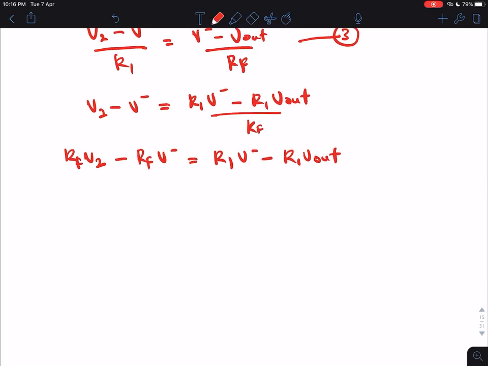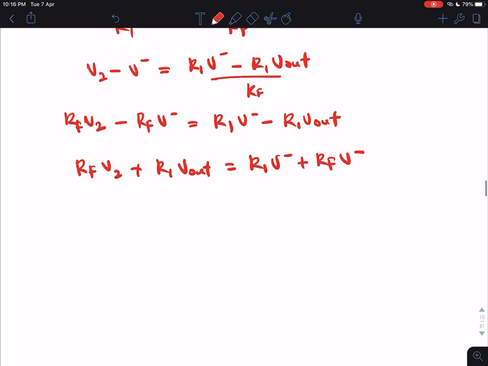So the next is RF V2 plus R1 Vout equals R1 V minus plus RF V minus.